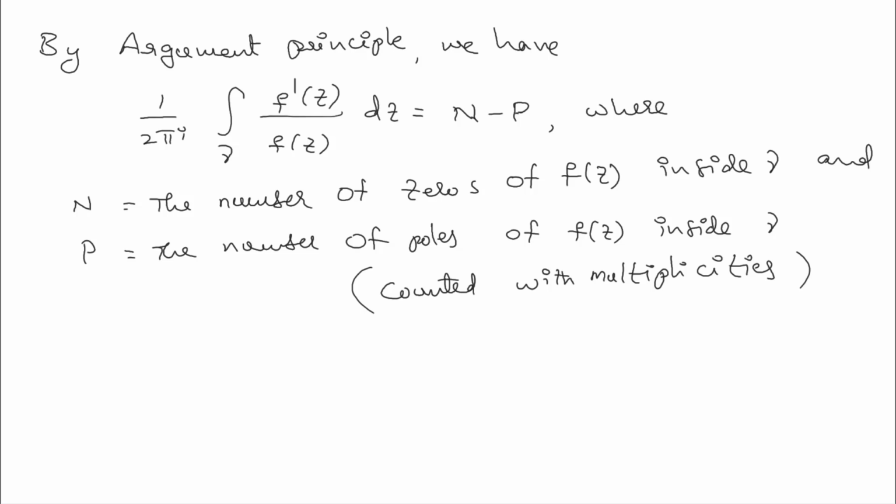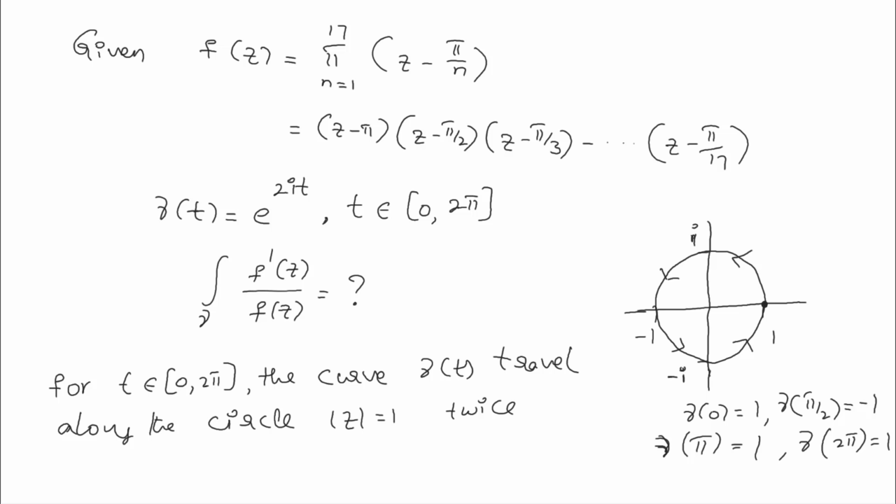So since the curve gamma travels twice along this circle, the number of zeros or poles should be counted twice since the curve travels twice.